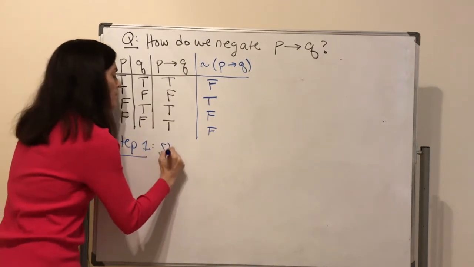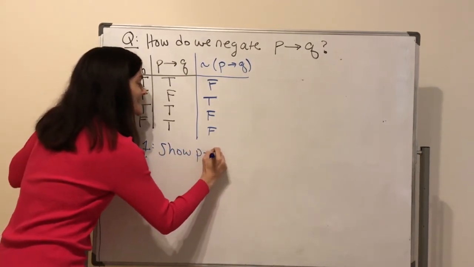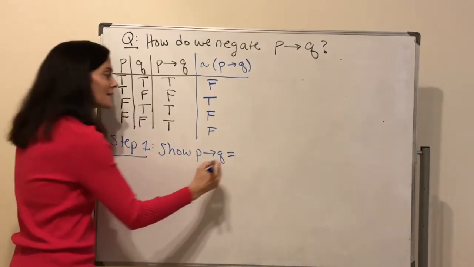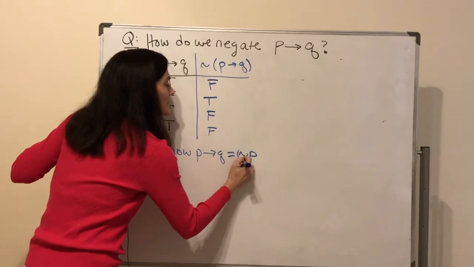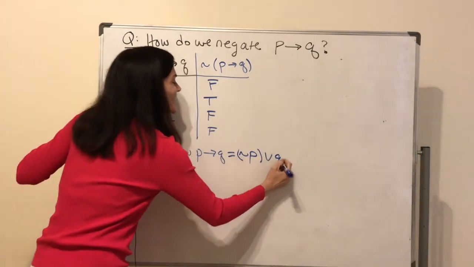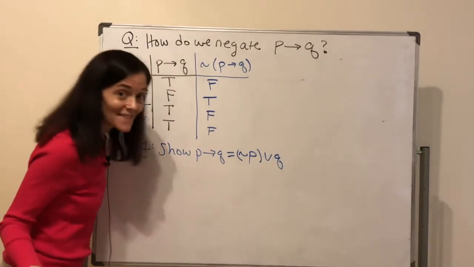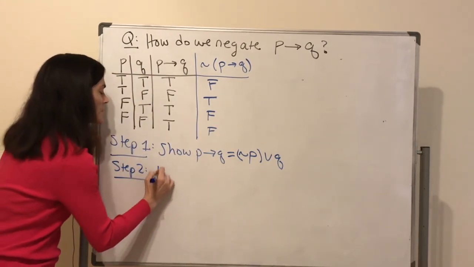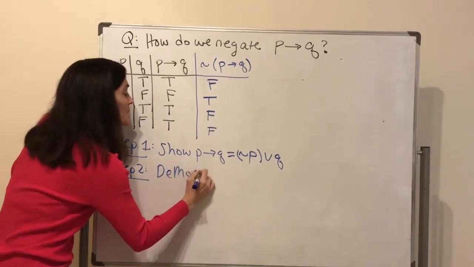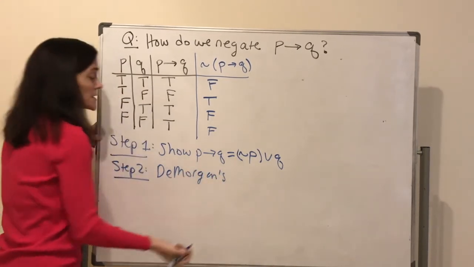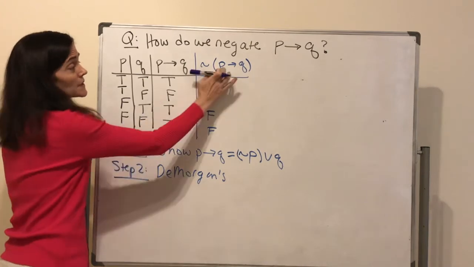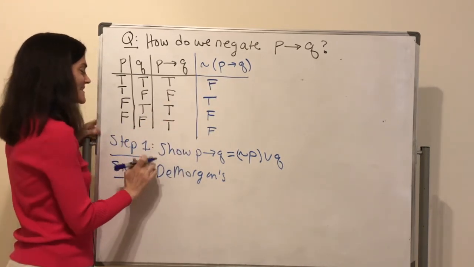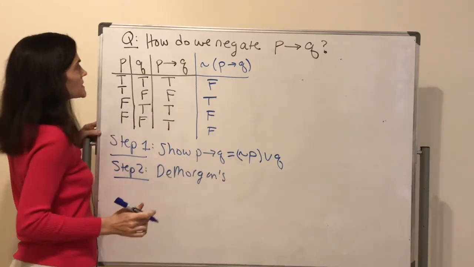Let's show the implication is logically equivalent to not P or Q. And once we have this, we can use De Morgan's, which we just discussed. And this will give us an expression for this. Okay, this is the way I'm going to go about this.